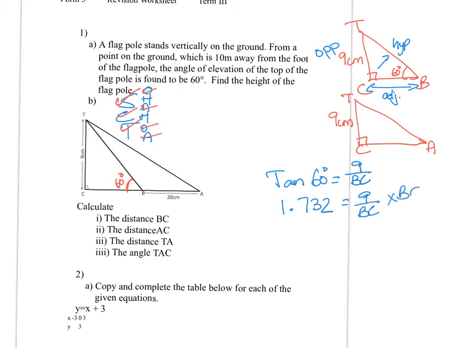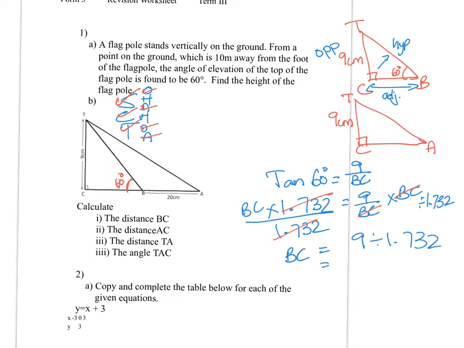We multiply both sides by BC and divide both sides by 1.732, so BC is equal to 9 divided by 1.732, which is 5.2 centimeters. So BC is 5.2 centimeters.